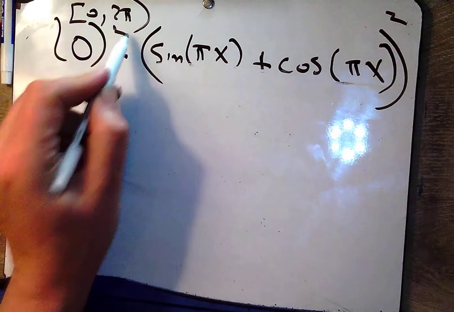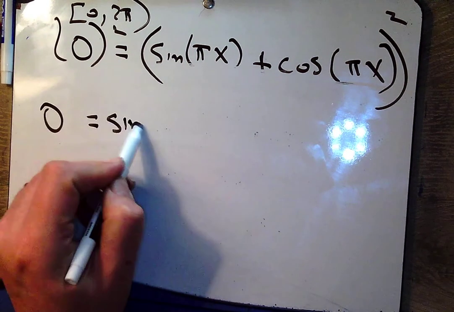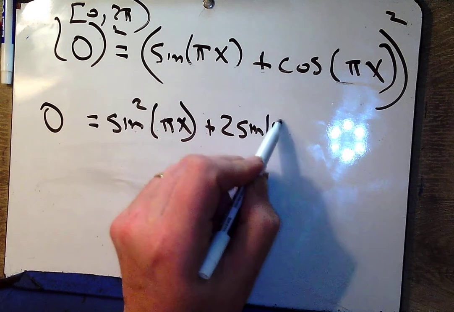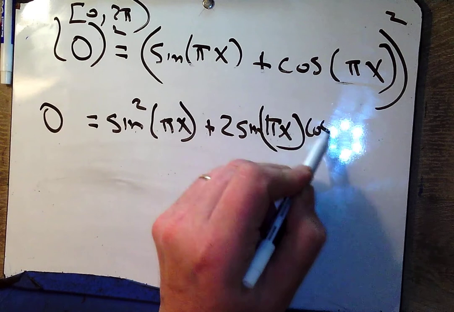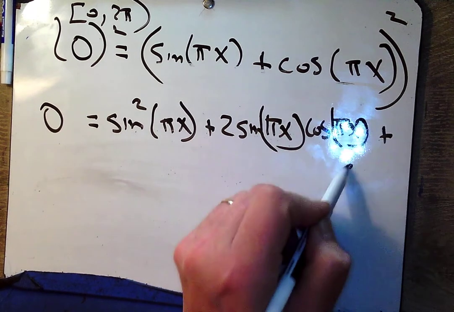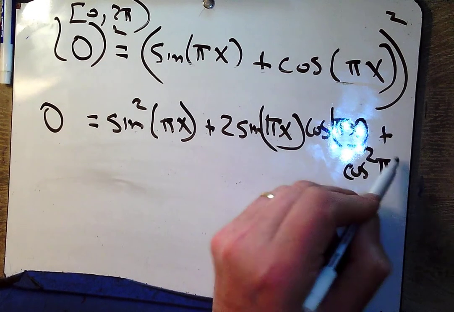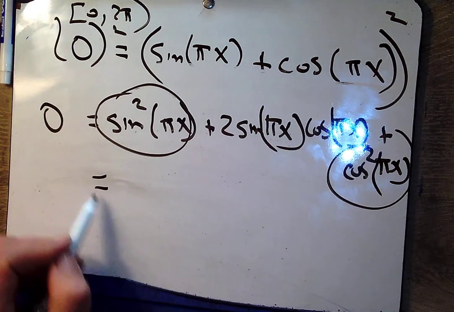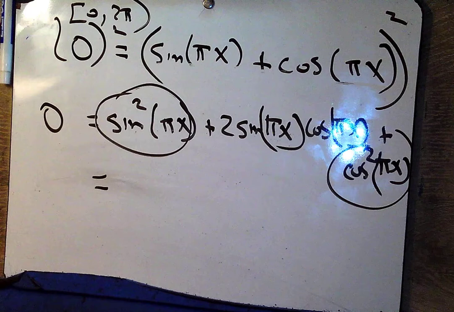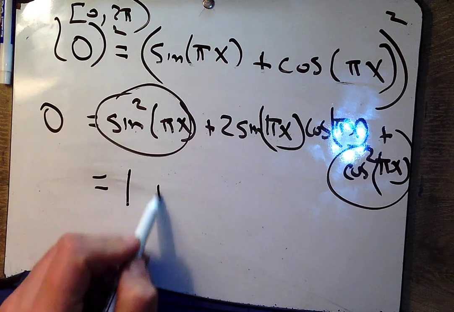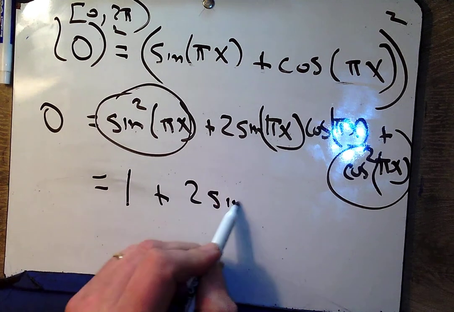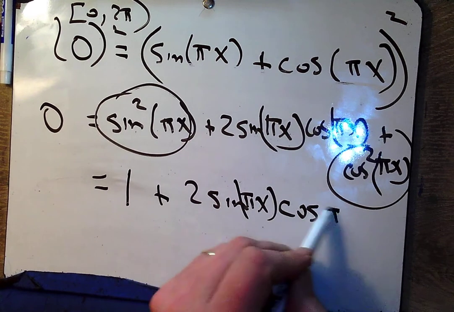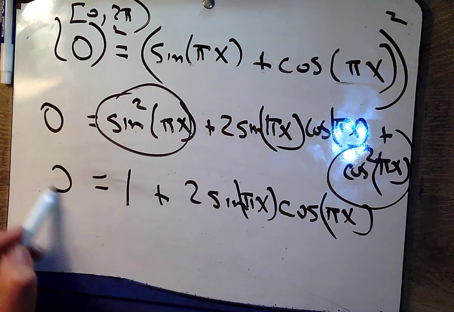Instead, we're going to square both sides. And so sine squared pi x plus 2 sine pi x cosine pi x plus cosine squared pi x. Okay, and again, sine squared plus cosine squared equals 1. So 1 plus 2 sine pi x cosine pi x equals 0.